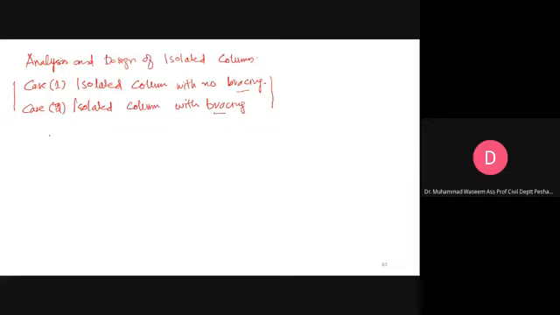Like most of the time when you are designing a building, let's take an example of a frame. So this is not isolated, it is connected with this beam. Now how can we deal with the analysis and design of this type of column? The approach is different.